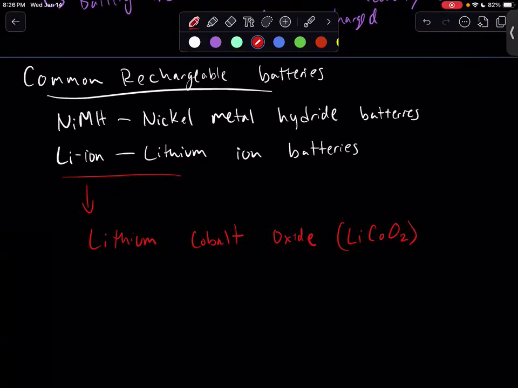Now, lithium cobalt oxide has a very specific cathode and anode. When we look at the cathode of it, the cathode is just the LiCoO2.